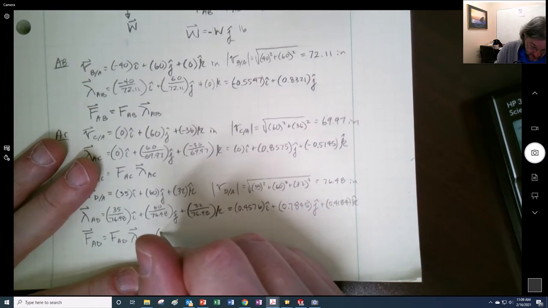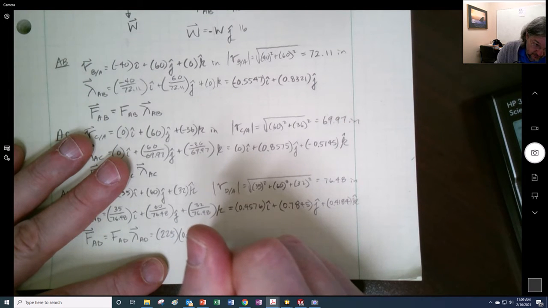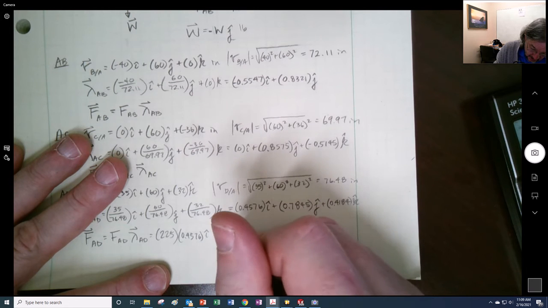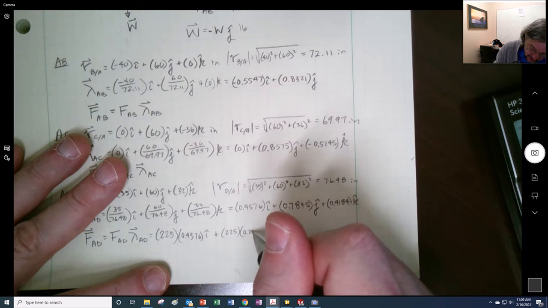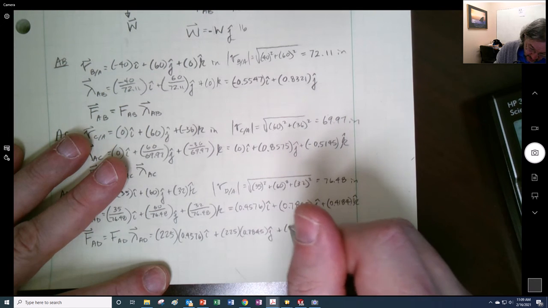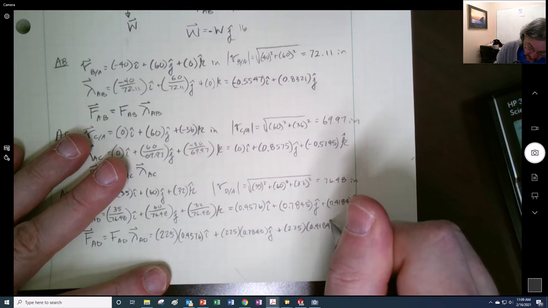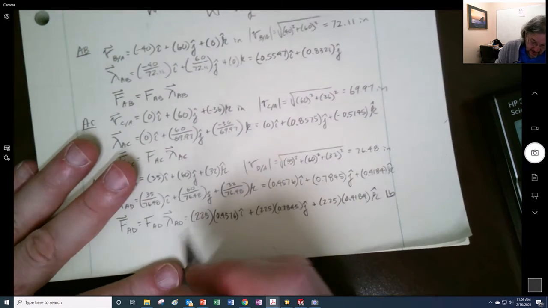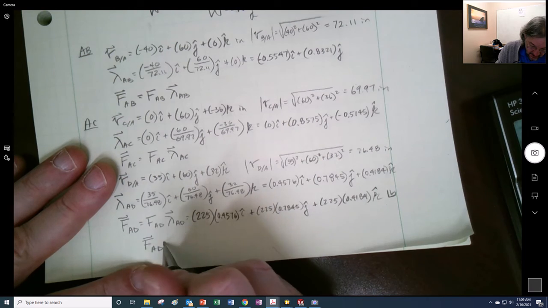So I write 225 times my 0.4576 I plus my 225 times 0.7845 J plus my 225 times 0.4184 K, and that's going to be pounds. And I'm running out of paper there, so we'll go to the next one.